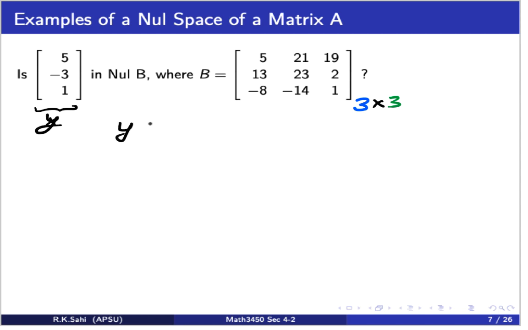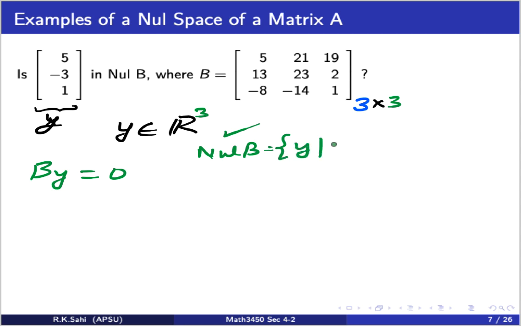So y definitely belongs to R3, that is the number of columns. Yes, it is true. So if I want to prove that this is an element, what do I have to do? B times y should be equal to 0. Remember, every time, null space of B is all those y's where y is in R3 such that B times y is 0. Now, if B times y is 0, then you're good to go, and we say, yes, this y is an element of null space of B.